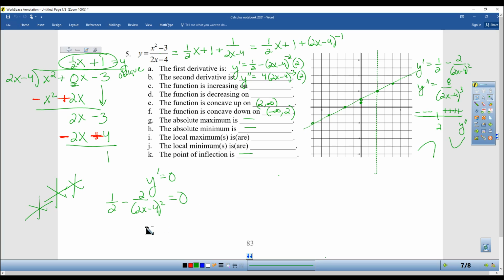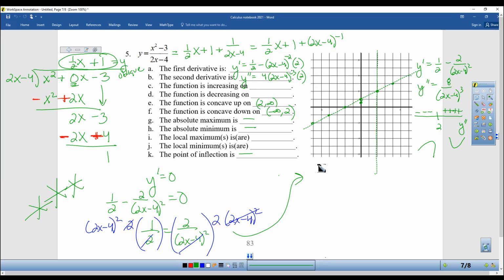So I'm going to move the 2 over (2x minus 4) squared to the other side. I'm going to multiply both sides by the 2 to clear that, and by the (2x minus 4) squared to clear this.